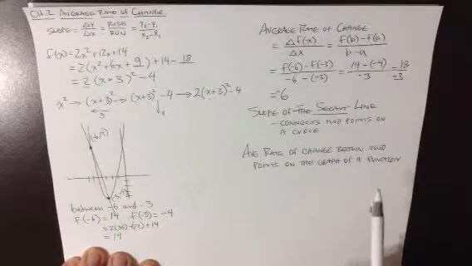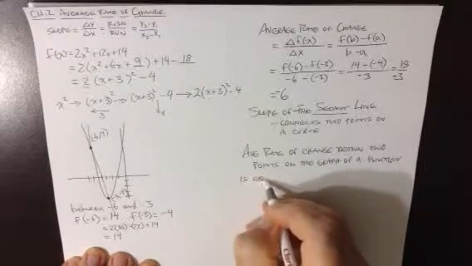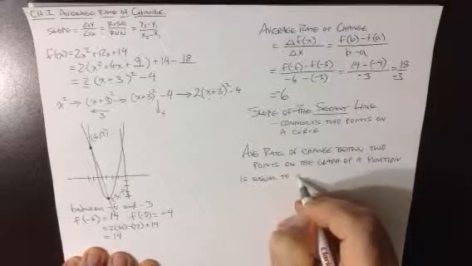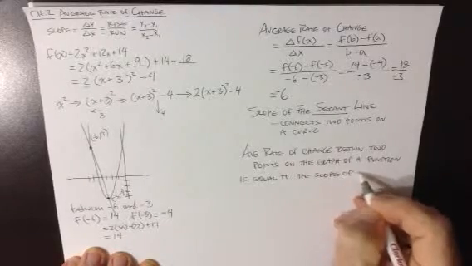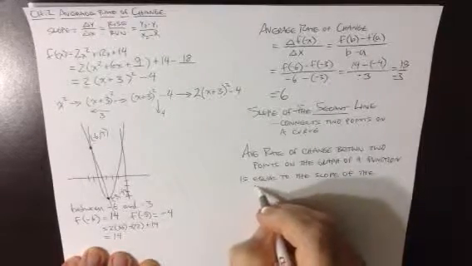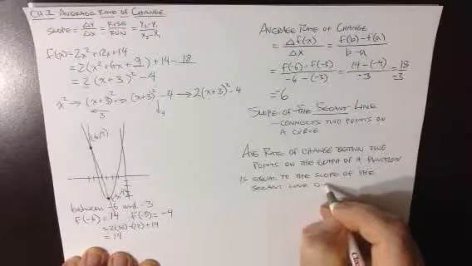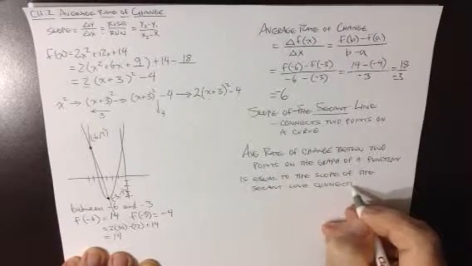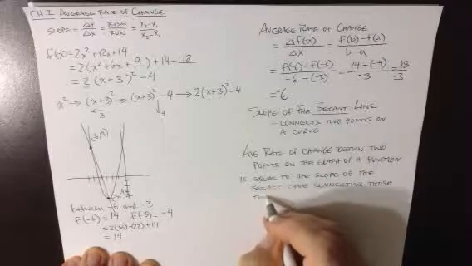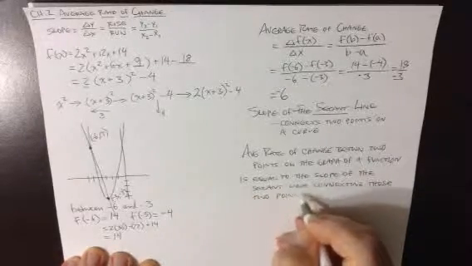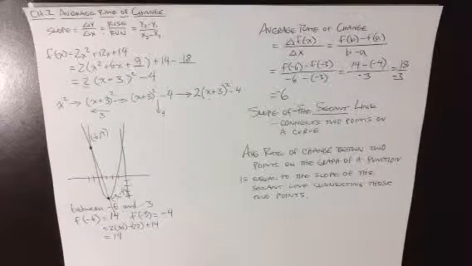The average rate of change between 2 points on the graph of a function is equal to the slope of the secant line connecting those 2 points. Okay? In the next video I will give you another example or two.